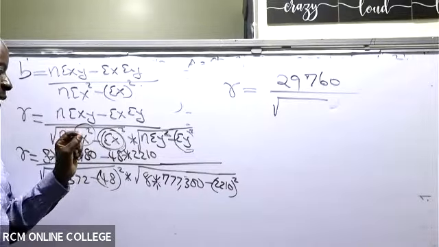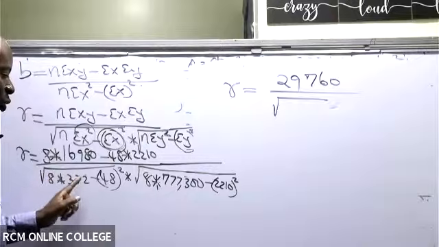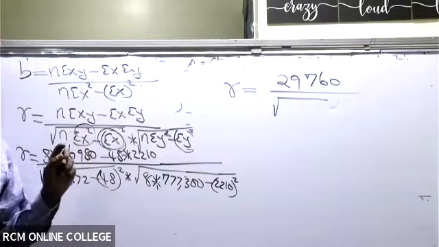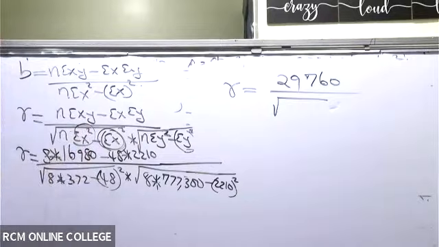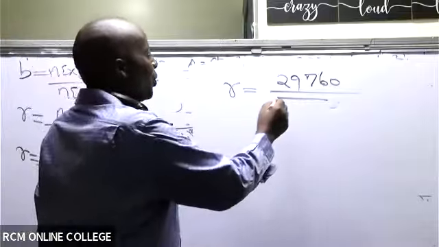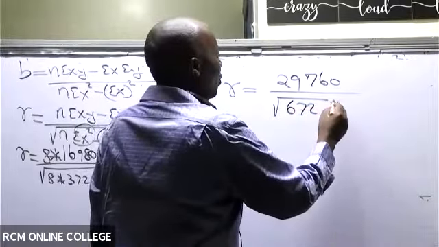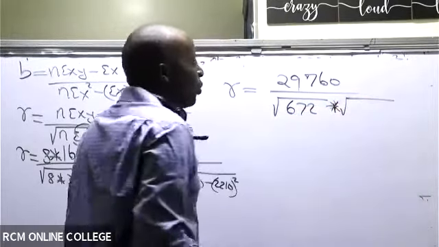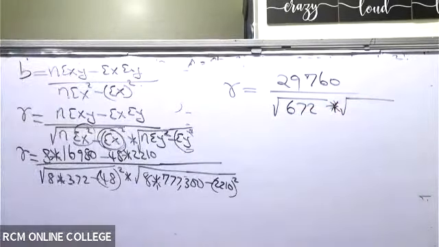Don't take the square root. I just want you to say 8 times 372 minus 48 squared. So according to Rispa, very aggressive, she's getting 672. Is there somebody else who is able to confirm that 672? Thank you for confirming.